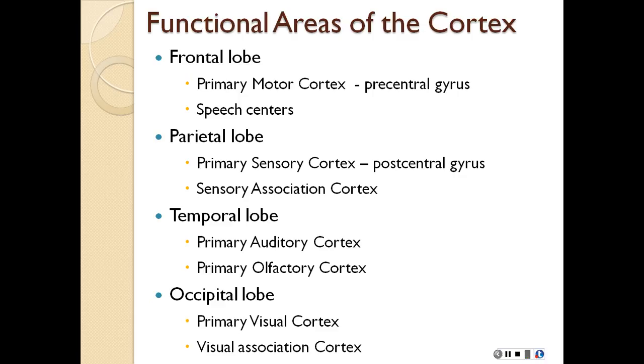All right. And then there's something called a sensory association area. So what's the difference? The difference between a primary area and an association area is that the primary area is responsible for the actual signal occurring at all.